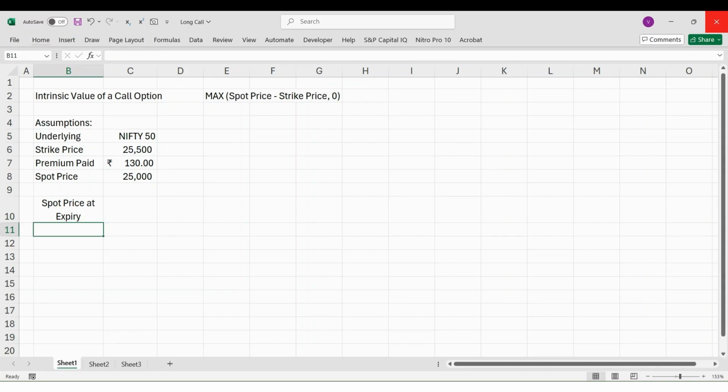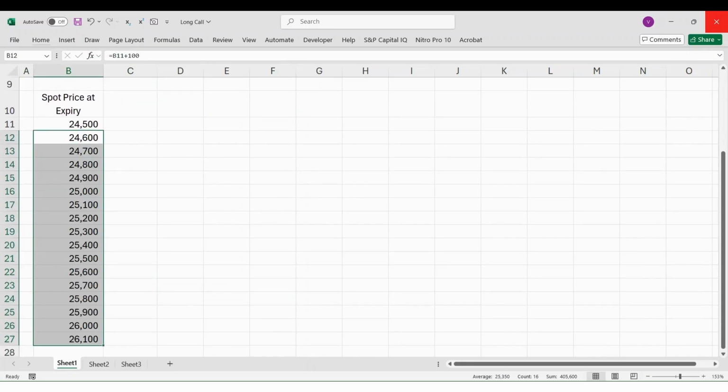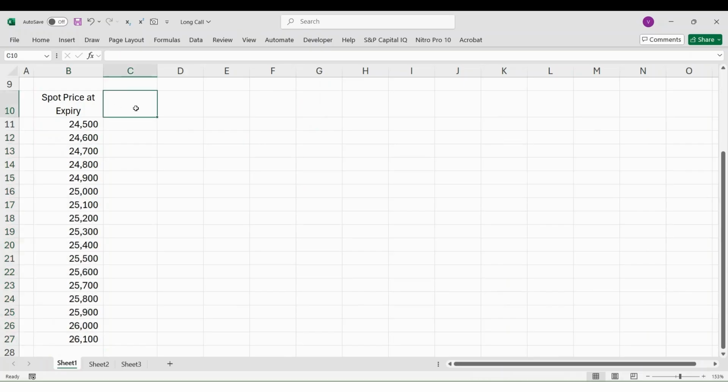So it's based on your directional expectations from the index. I'm going to model, let's say, the Nifty falls to 24,000 or let's say 24,500, and it may range anywhere between 24,500 to 26,100. So that is my expected range of Nifty.